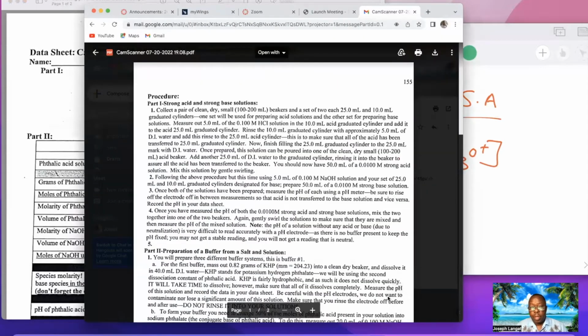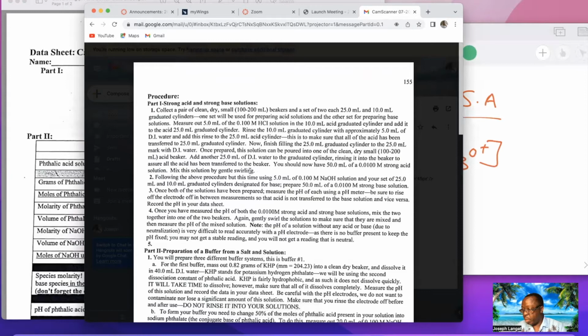And from the instruction, look at what you have by the end. If I look at this statement on part one, you should now have 50 ml of 0.1 strong acid. So volume in liters should be 0.050 liters, and the concentration, or molarity, is 0.010.